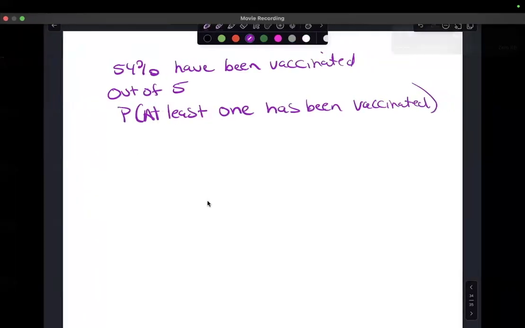Okay. I'm going to pop back over here. So 54% of people have been vaccinated. We're taking a sample of 5 of them. We want to know the probability at least one has been vaccinated. So now what we're looking at is the probability not all 5 are vaccinated.